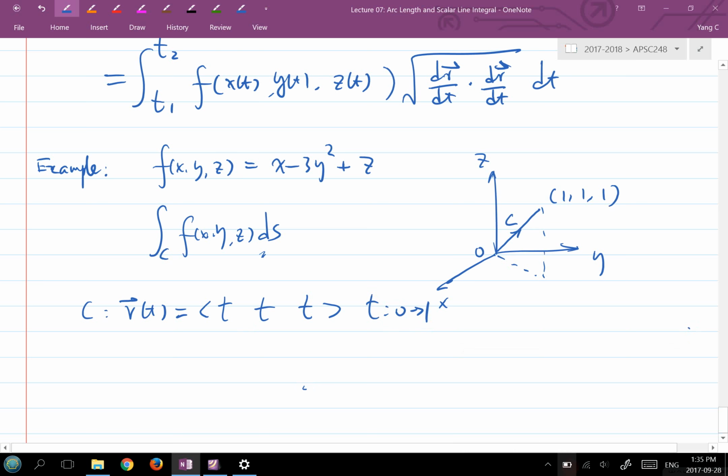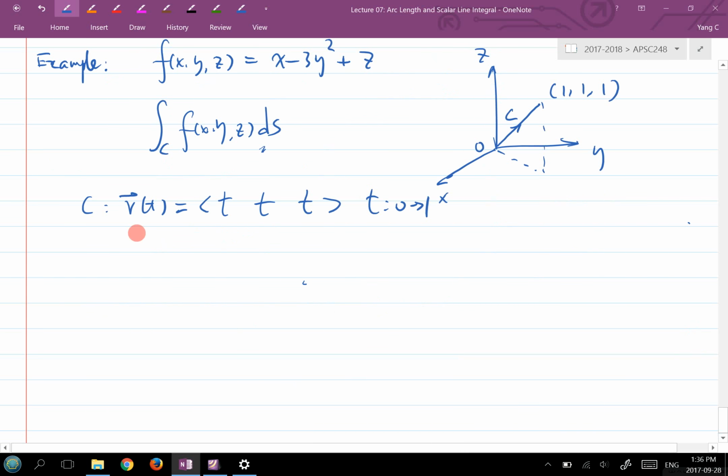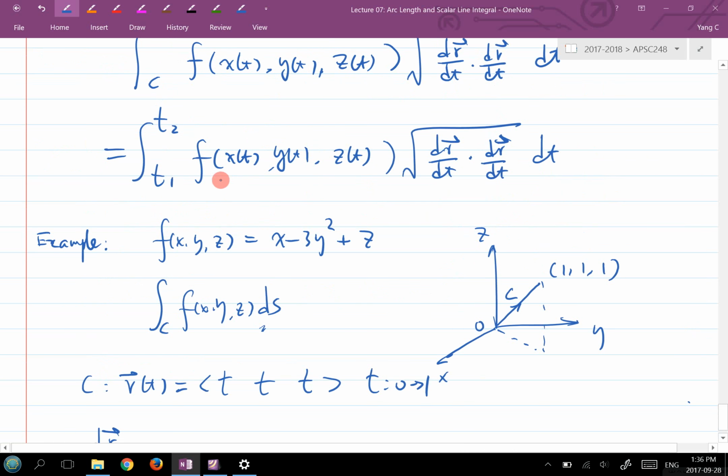Okay, so now we continue here. Once we get this r of t, we can calculate the derivative of r of t, which is 1, 1, 1. And looking at the formula, the scalar function needs to be replaced: x, y, z needs to be replaced with x of t, y of t, z of t.